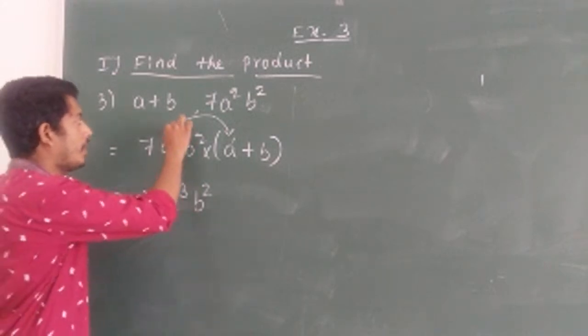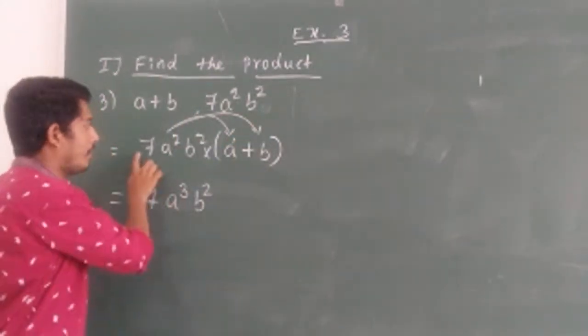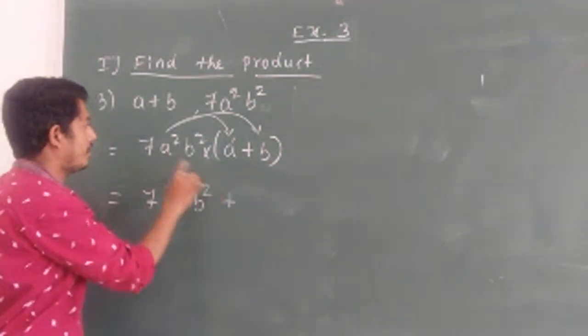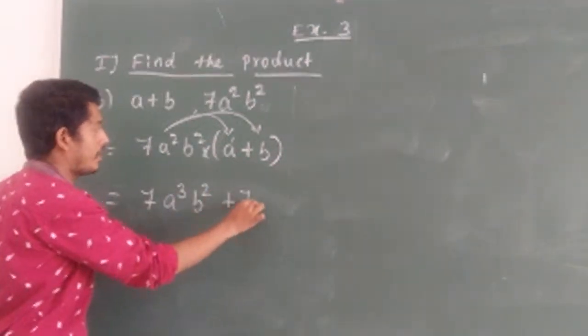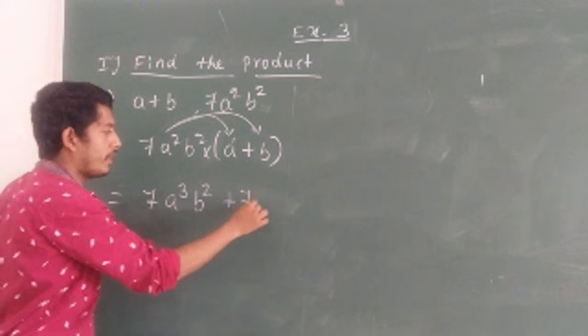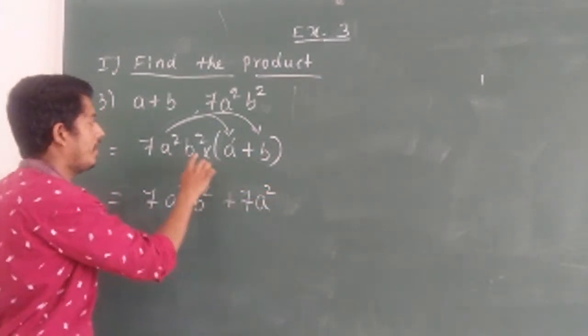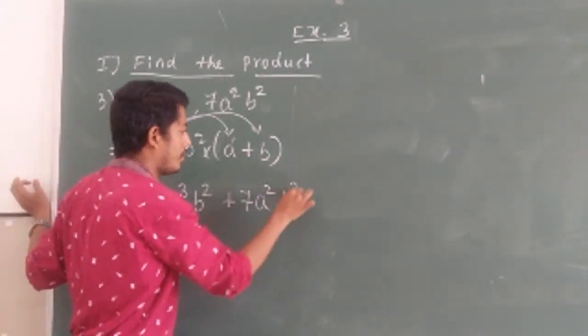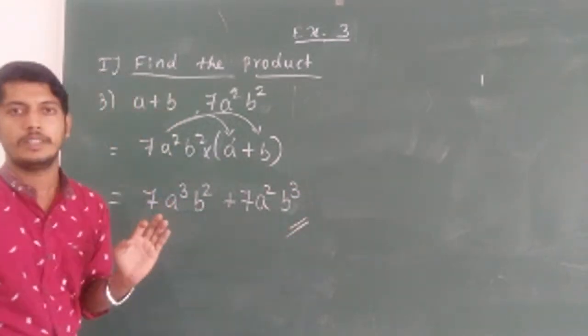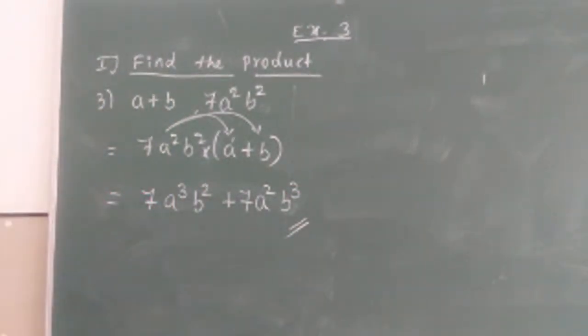And second, we multiply this term to the second. Plus into plus, plus. 7 into 1, 7. a square, there is no a term, therefore it remains. b square and b, it becomes b cube. Just look at the steps, verify with your answer and comment your answer.